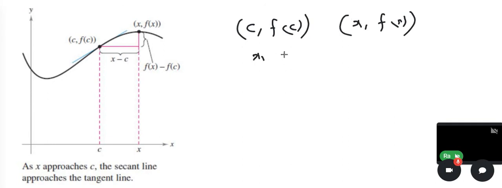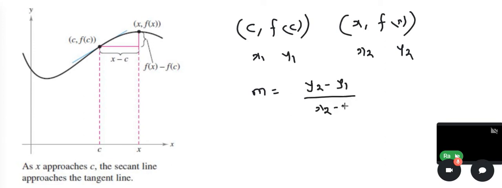You could consider the first as (x1, y1) and the second as (x2, y2), and therefore the slope formula is m equal to (y2 minus y1) over (x2 minus x1). So this gives us (f(x) minus f(c)) all over (x minus c).